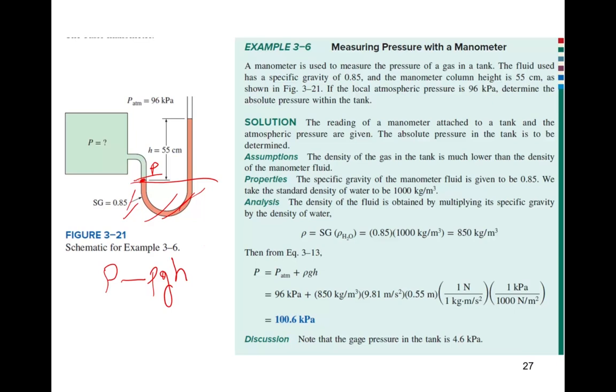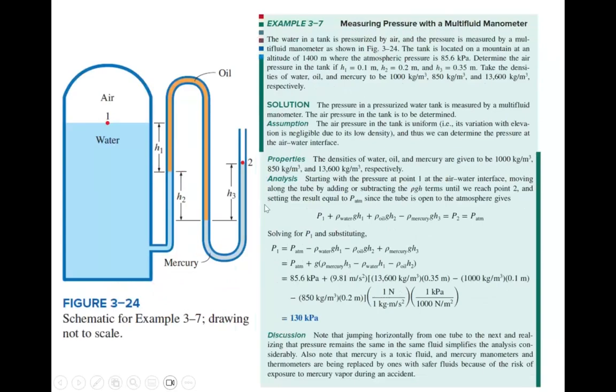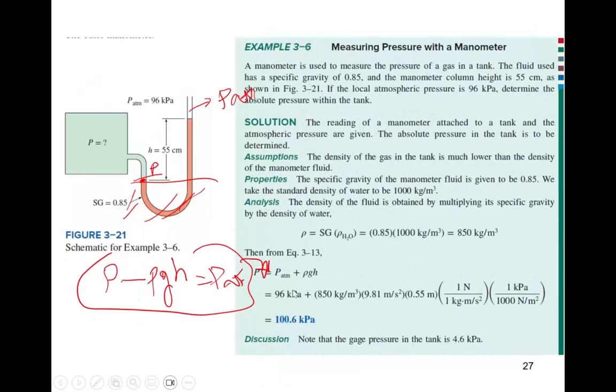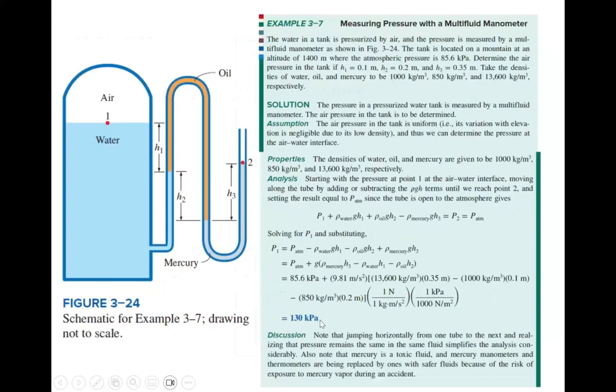Then at the other end, equal to, in here we have P atmospheric because it is open to atmosphere. Now rearrange this equation and you will see this equation. Simple as that. Now you have different numbers and you can put them in this equation and work out what the pressure would be. So the pressure in here is 100.6 kilopascal. Simple as that.